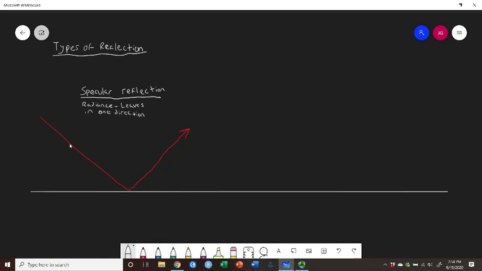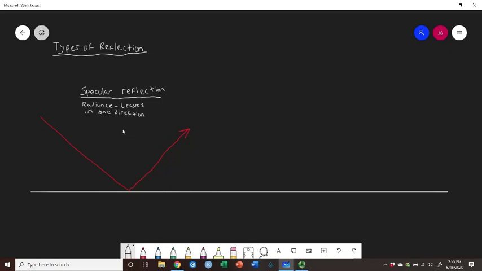We're not going to go through the laws that govern the angles and all that kind of stuff. Basically, I just want you to realize that specular reflection means the irradiance comes in from one direction and the radiance leaves in one direction. This is stylistically what we've been drawing, but it's actually relatively rare.